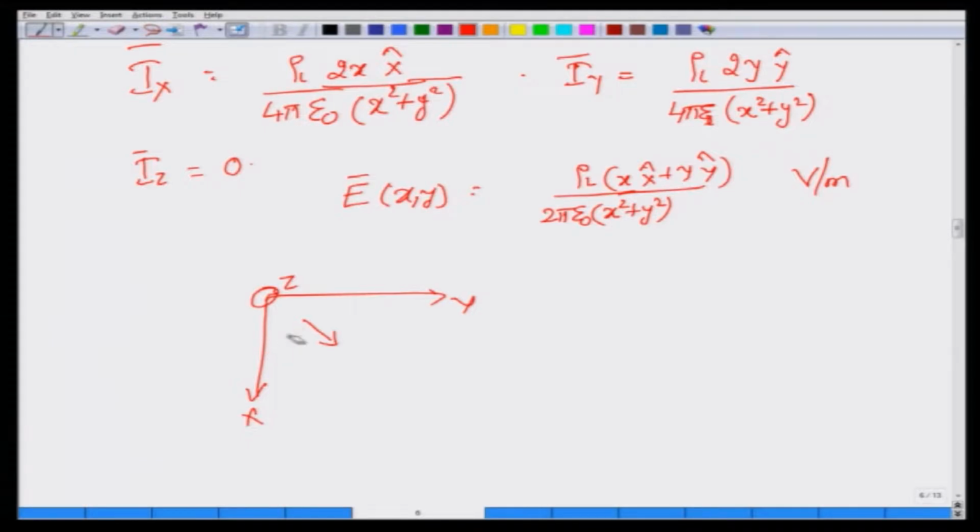Okay. So, you can actually see that the direction of the electric field is always what we call as radially away from the line. What is happening to the magnitude of the electric field? Well, the magnitude of the electric field is obtained by looking at the magnitude of this particular vector.